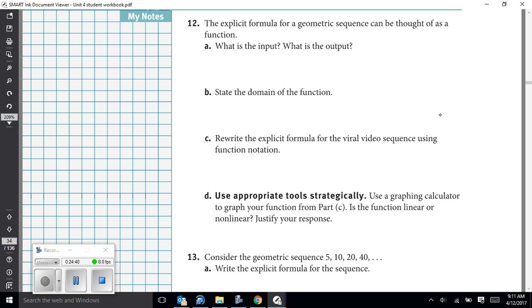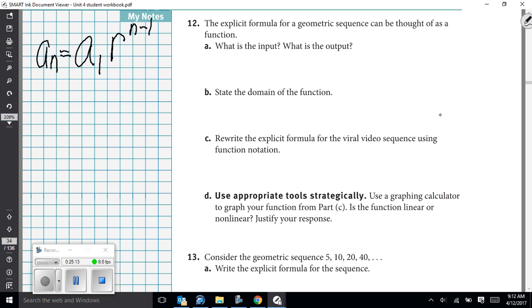If we look at our explicit formula, we need to know what that first term is. And as that changes, the other thing we have is that r value. Different geometric sequences are going to have different r values. And then we also need to know the stage number.